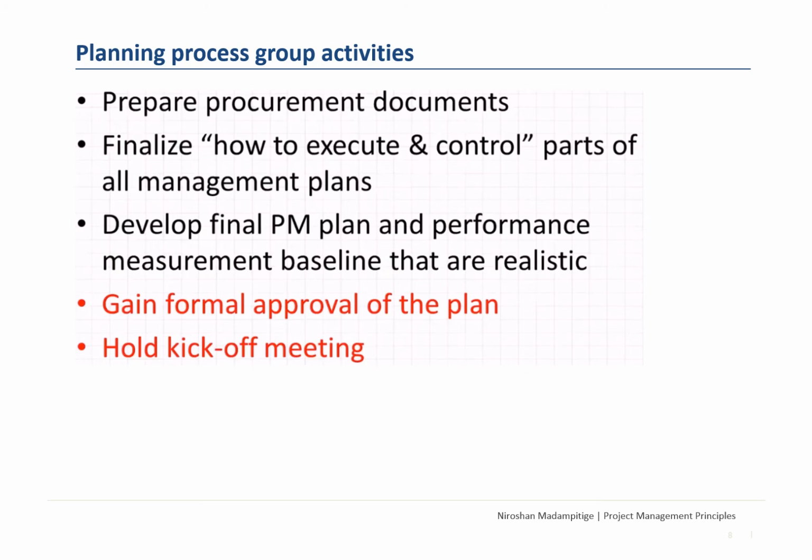Develop the final project management plan and measurement baseline that are realistic. At the end of it, you create a project management plan, which is the integrated planning document that you come up with, based on all the other planning that you do. That includes the scope, time, cost, procurement, risk, everything put together into one single project management plan.